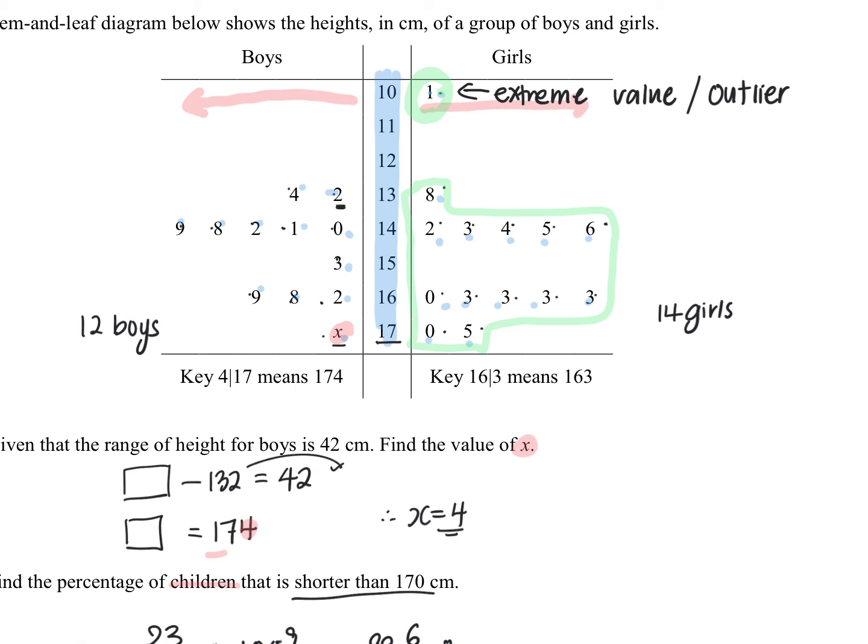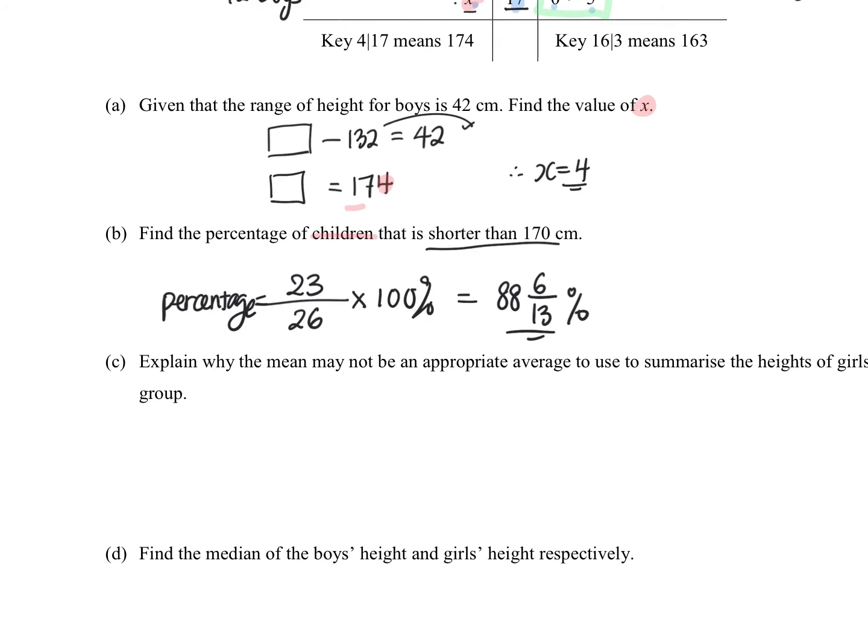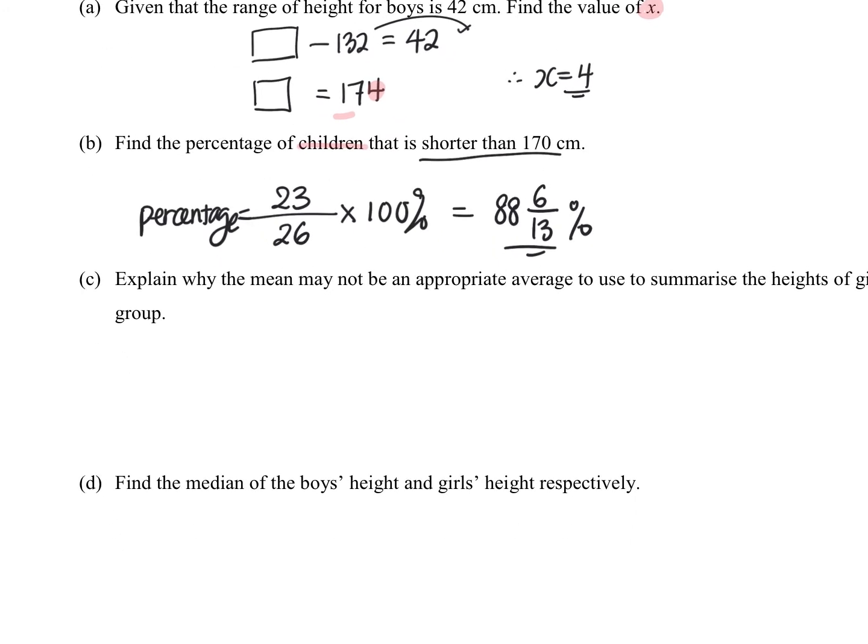So this extreme value, being a very small value, will greatly affect the mean. It will pull down the average height of the girls to be a smaller value. So since there's a case like that, this mean will not be an accurate representation of an average. So explain why the mean is not a good average: there is an outlier.